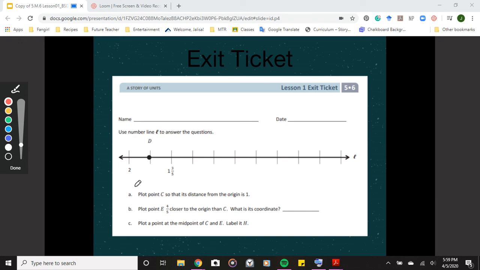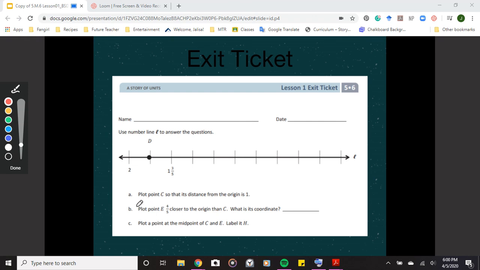Where would 1 be? We know that this is 1 3/5, this is 1 2/5, and this right here is 0. So 1 is going to be in between 1 2/5 and 0, but it's up to you to figure out where that would be. And you're going to make sure to label that point C.